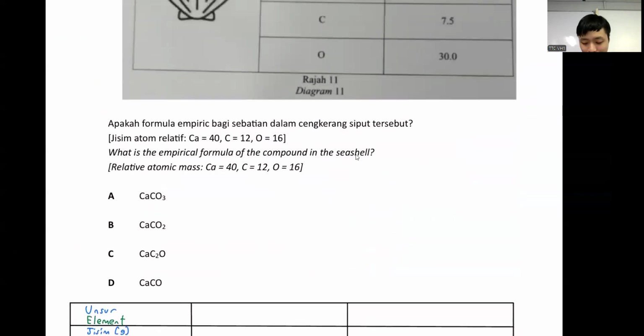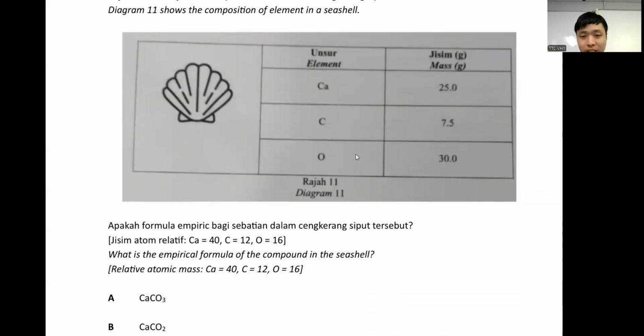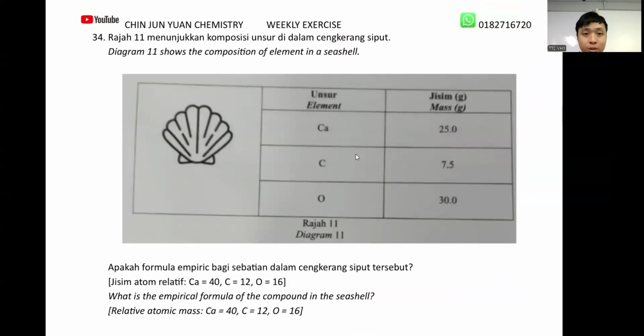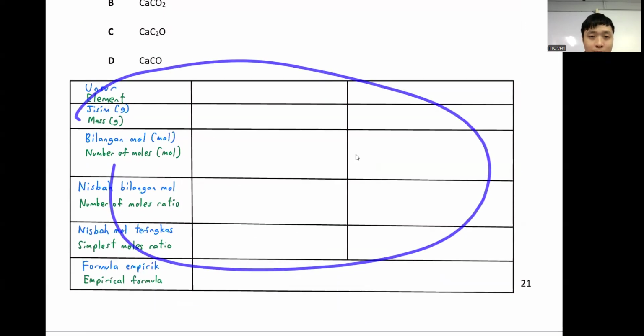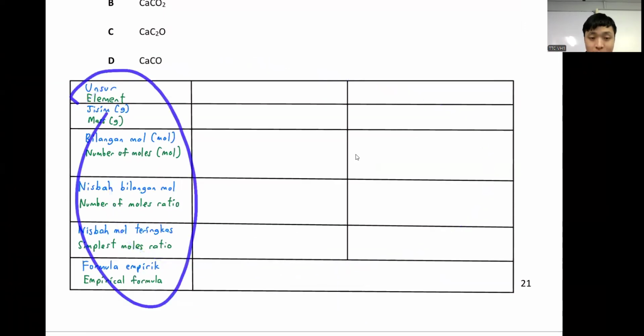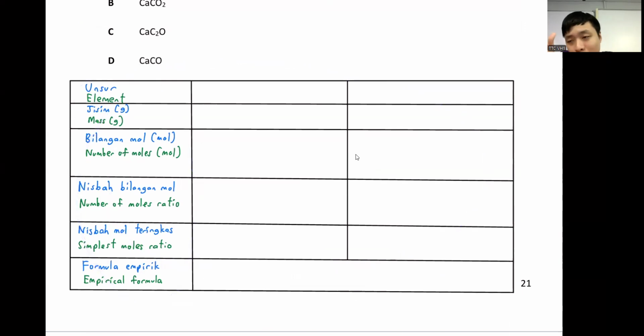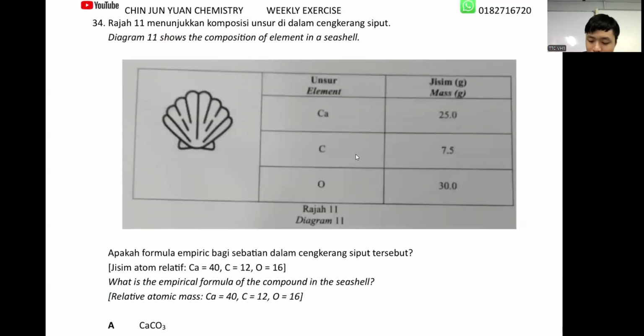So page 34. What is the empirical formula of the compound in the seashell? Normally in the exam, they will give you a table, so you have to know how to find the empirical formula. For objective, no need to draw, you can estimate it. Actually, for this question, if you already know the formula of calcium carbonate, you don't even have to find the empirical formula.